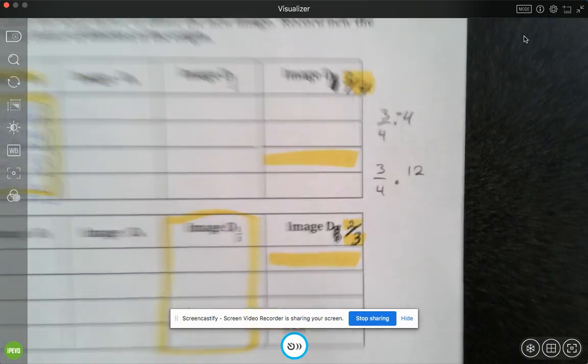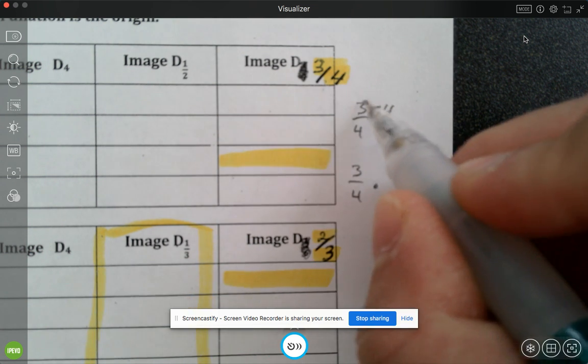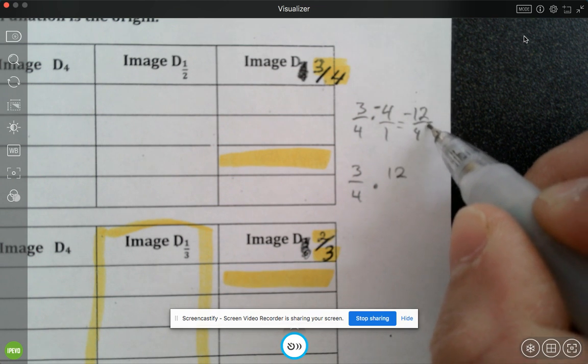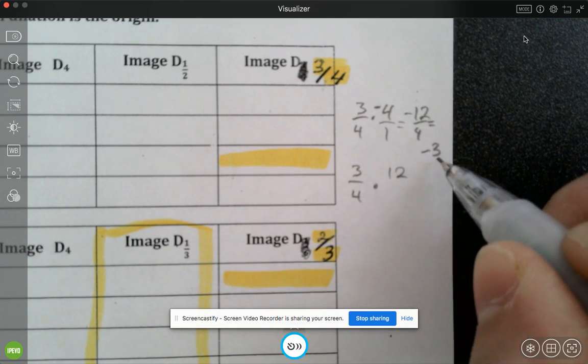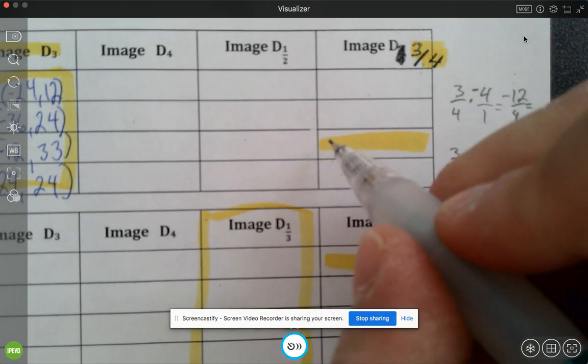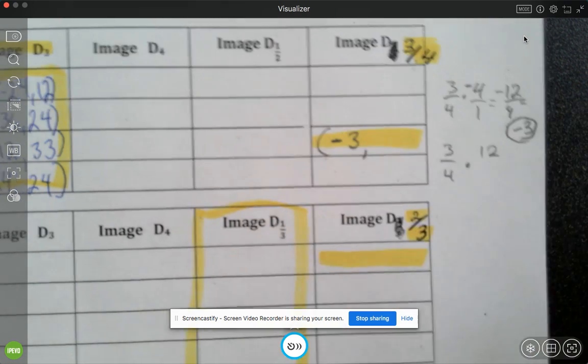To get my coordinates here, I'm going to put this over 1. I'm going to get -12 over 4, which reduces to -3. So I know that my first part of my coordinate is going to get smaller to -3.